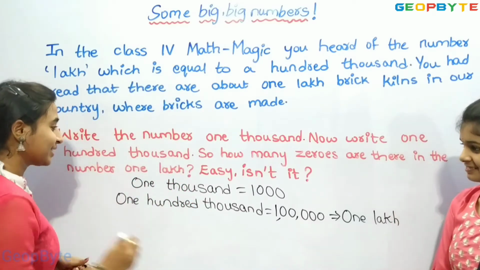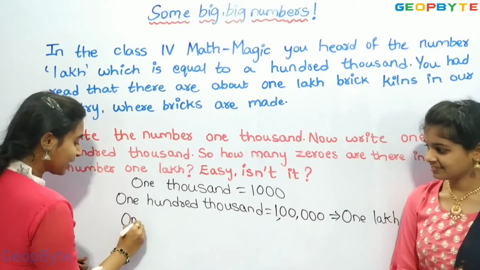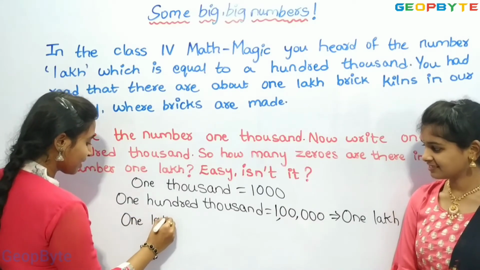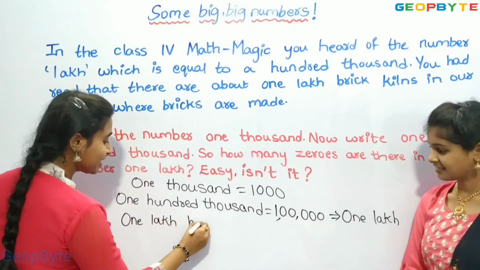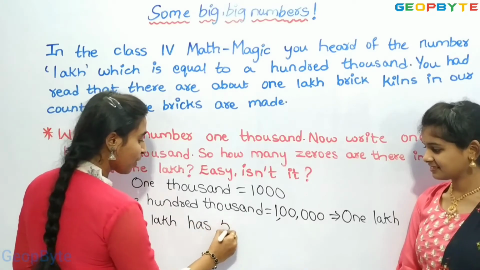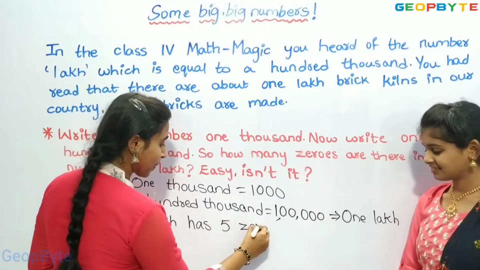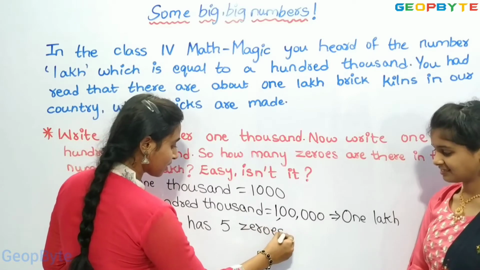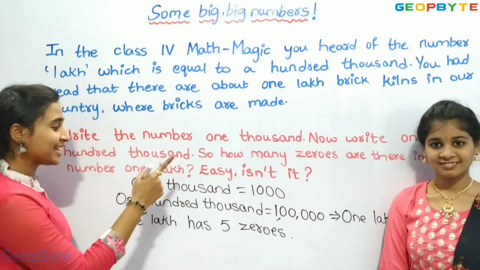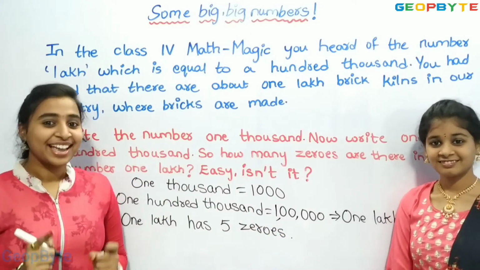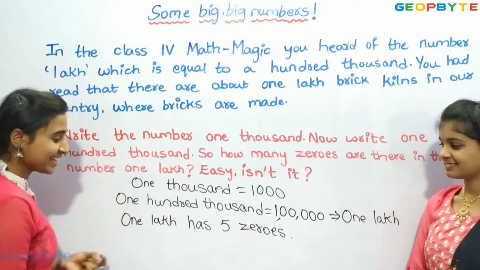Let us write, 1 lakh has 5 zeros. Easy, isn't it? Yes, it is very easy.